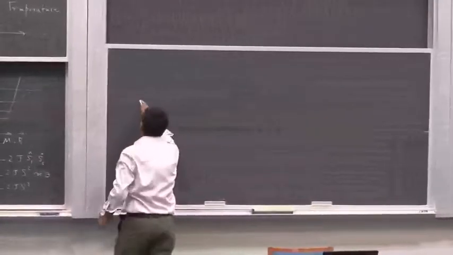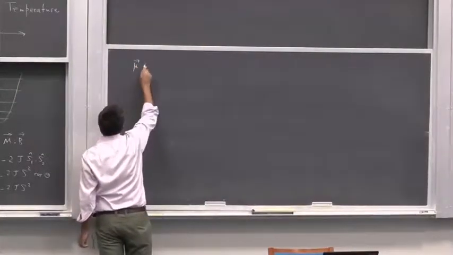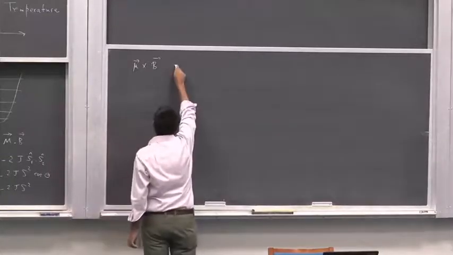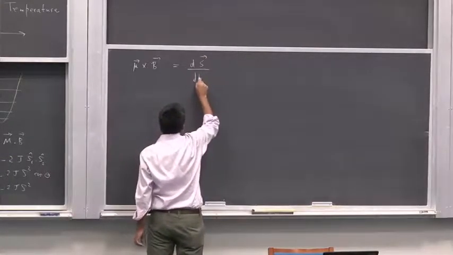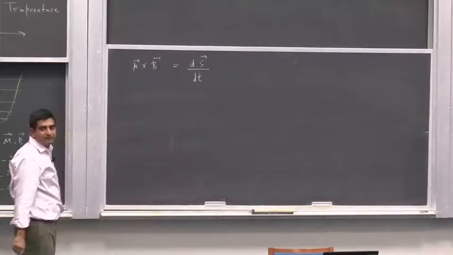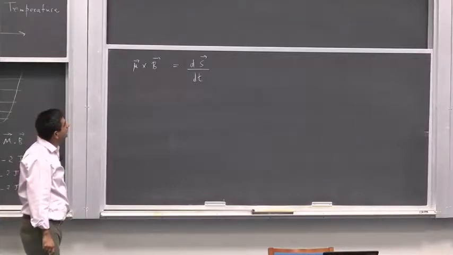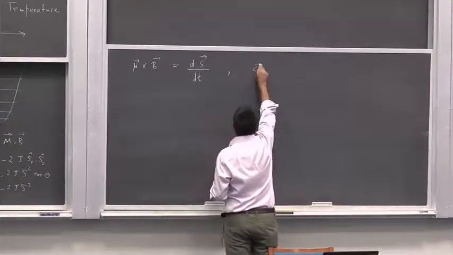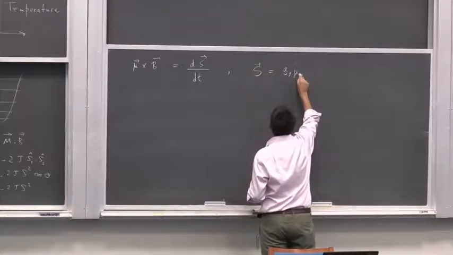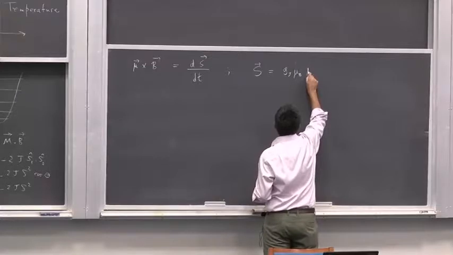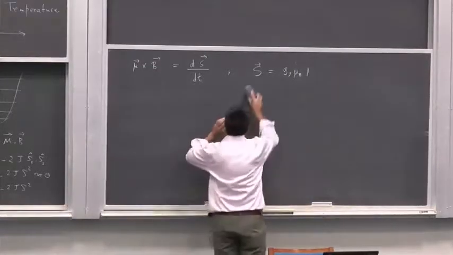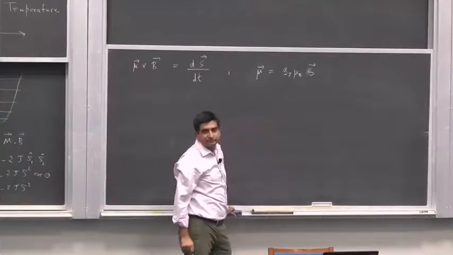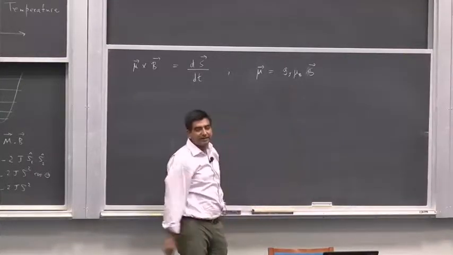Now what we do know is that the torque that acts on a magnetic moment mu is mu cross B. The torque that acts is the rate of change of the angular momentum, S, and we also know that mu equals Gj mu B S. This is the gyromagnetic ratio, from the first or second lecture of our course.